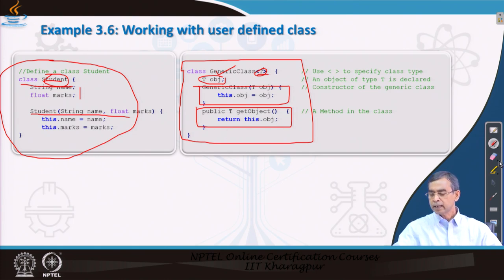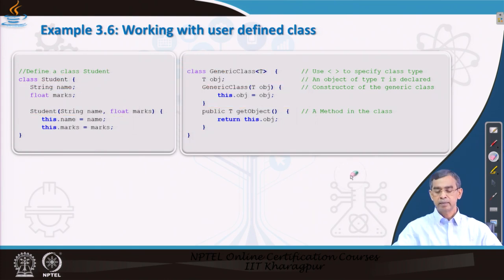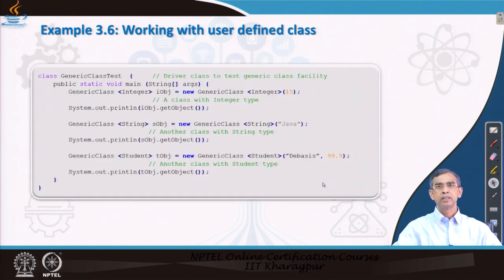So, this is the idea of the generic class declaration for any type, and then we can declare a main method to use this definition, and here is an example. This is the main class, the driver class, the main method. Now, here we use the class that we have discussed earlier.